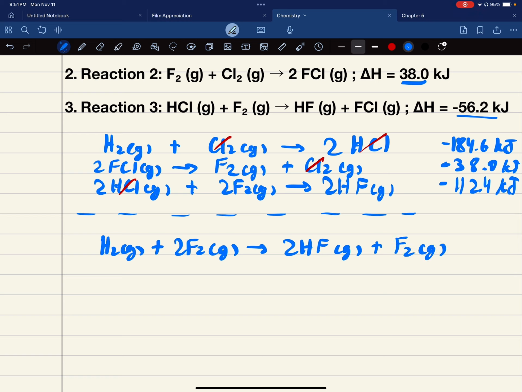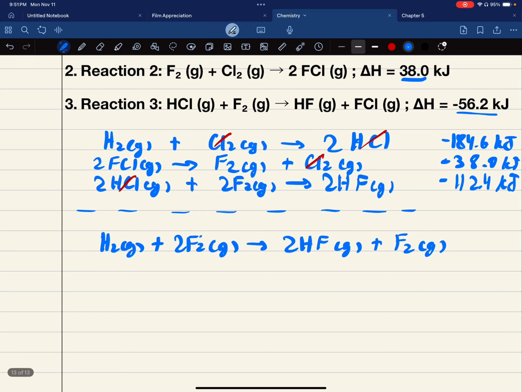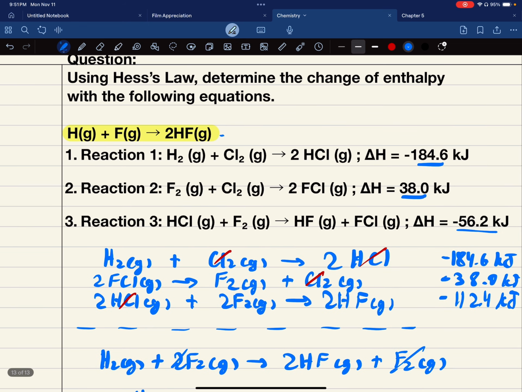So now we have F2 on both sides. We can just cancel that out and simplify it further. So the 2 cancels out, this cancels out. In the end, we are back to our target equation as provided up here.